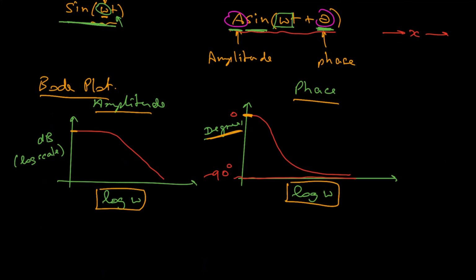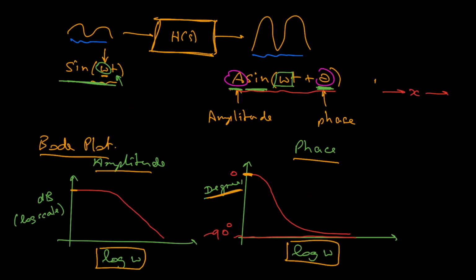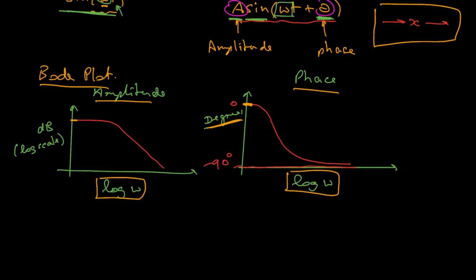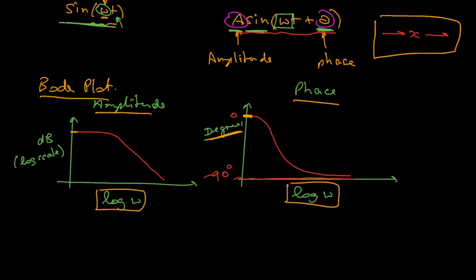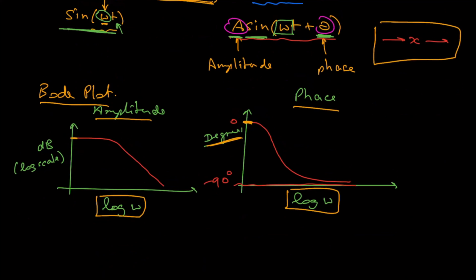Now, a first order system like this, or a single tank of water, or a single capacitor and resistor, these are all what are called first order systems. They usually have a particular behavior in the frequency response. This is basically what it looks like.